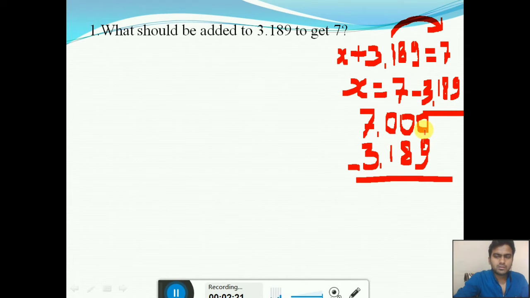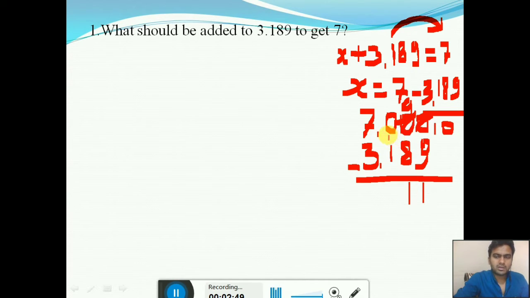So 0 minus 9: this 0 will become 10. 10 minus 9 is 1, and this borrows from the previous digit, so that digit becomes 9. 9 minus 8 is 1.